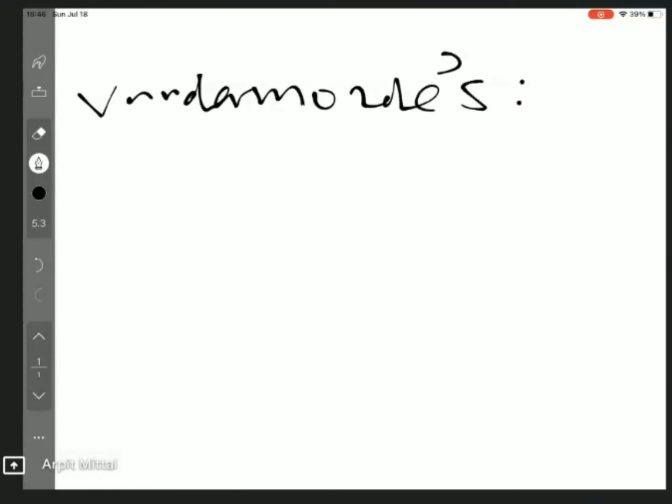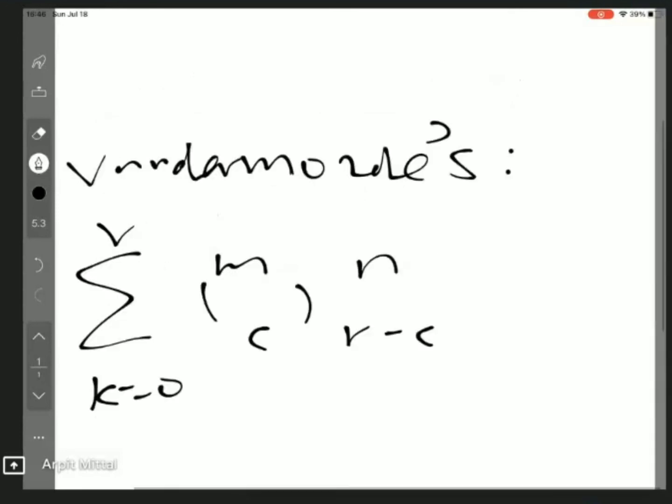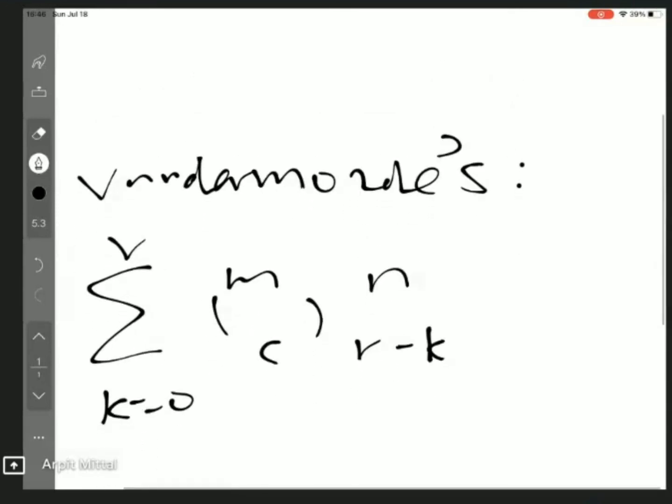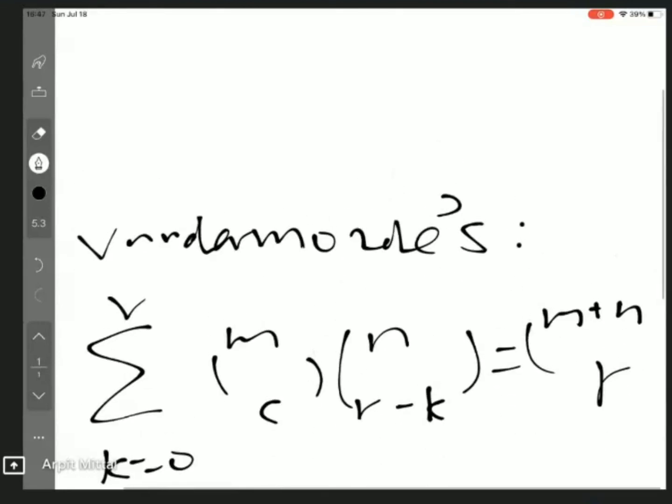What this says is summing k equals 0 up till r, m choose k times n choose r minus k is equal to m plus n choose r. Okay, so now the proof of this.